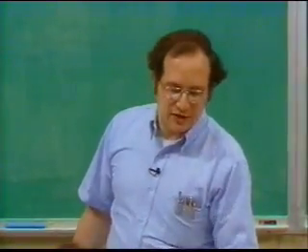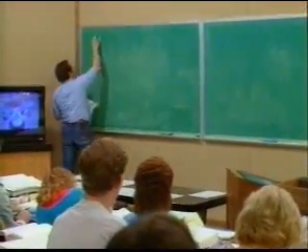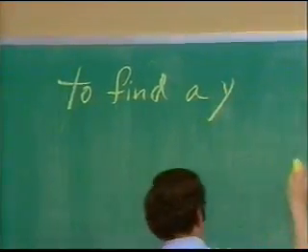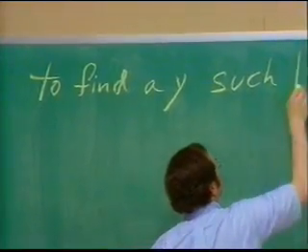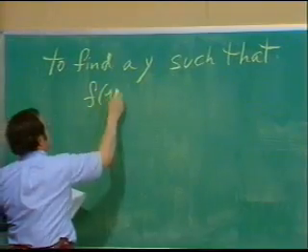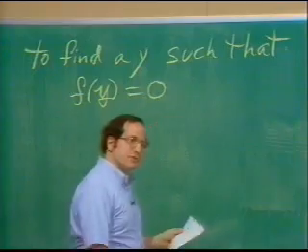Well, one thing you might know is that there is a general method called Newton's method for the purpose of finding the roots, that's the zeros, of functions. So, for example, to find a y such that f of y equals 0, we start with some guess. This is Newton's method.